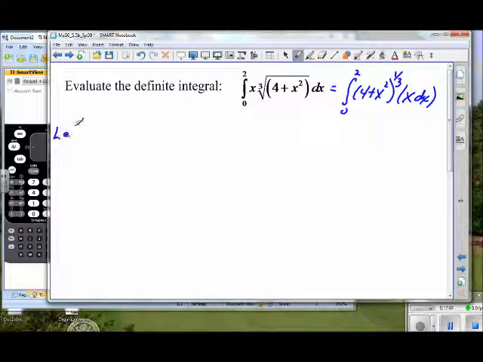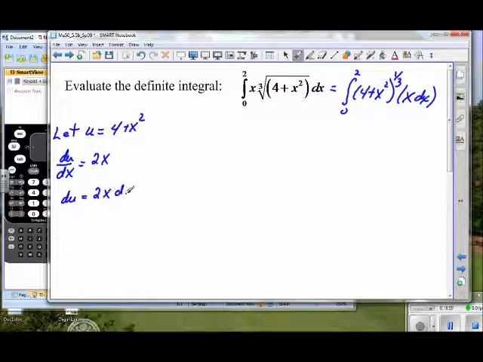Now, as we did on the review problem, we're going to let u be the inside function, which in this case is 4 plus x squared. We're going to take the derivative of that, which is 2x, and we multiply by the differential, so du is 2x dx.